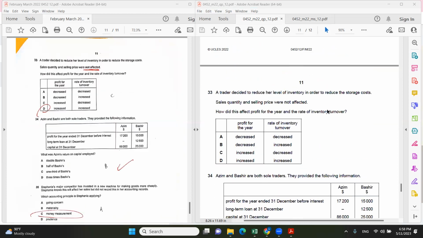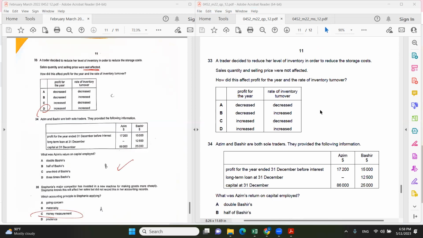Okay, question 33. A trader decides to reduce her level of inventory in order to reduce the storage cost. Sales quantity and selling price were not affected. How did this affect the profit for the year and the rate of inventory turnover? Okay, the profit for the year, we use the income statement. Revenue minus cost of sales.